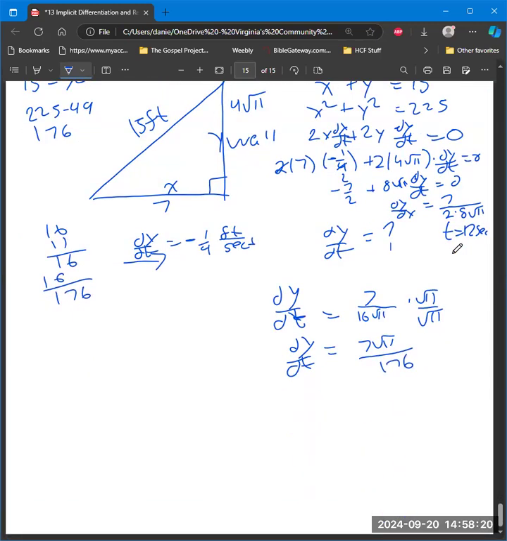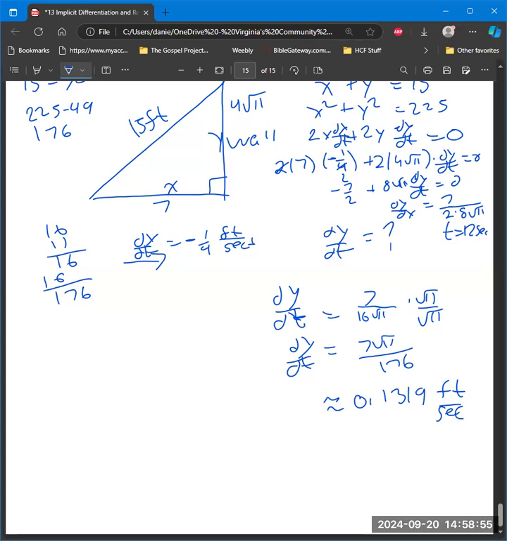All right. If I approximate this, I think that it's 0.1319 feet per second. So the ladder is moving up the wall at a rate of 0.1319 feet per second after 12 seconds from being pushed towards the wall.